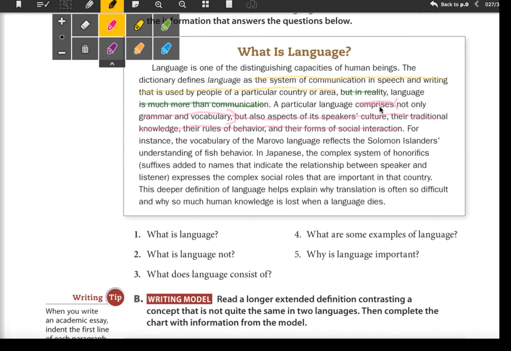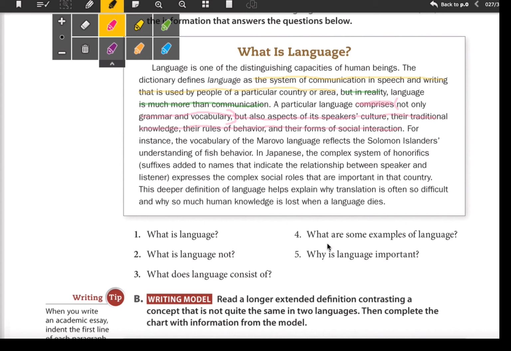You could have actually put this not only grammar and vocabulary, you could have put this under what is language not. You could have said language is not just communication, it's not just grammar and vocabulary. Because these negatives here, but in reality, not only, these tell us what something is not. It's not just that, okay?